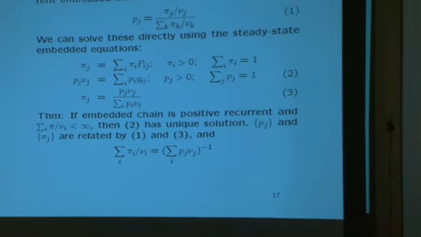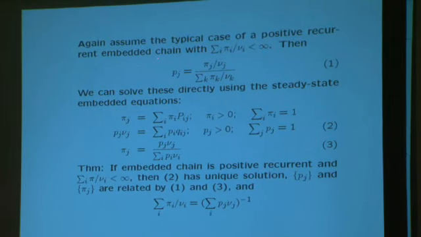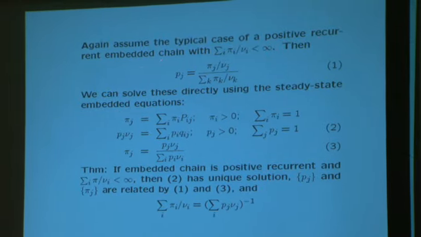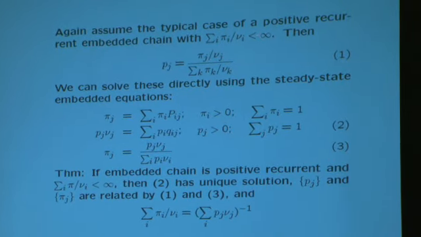Again, let's go back to the typical case of a positive recurrent embedded chain where this funny sum here is less than infinity. If this sum here is less than infinity, then you can certainly express p sub j as pi sub j over nu sub j divided by the sum over k of pi sub k over nu sub k. Why can I do that? Because that's what the formula says.